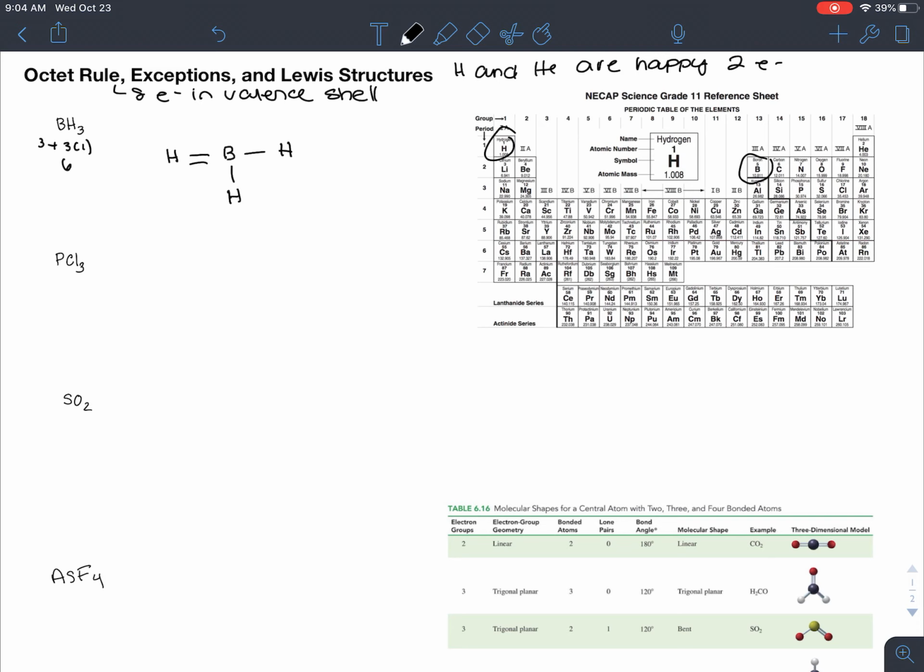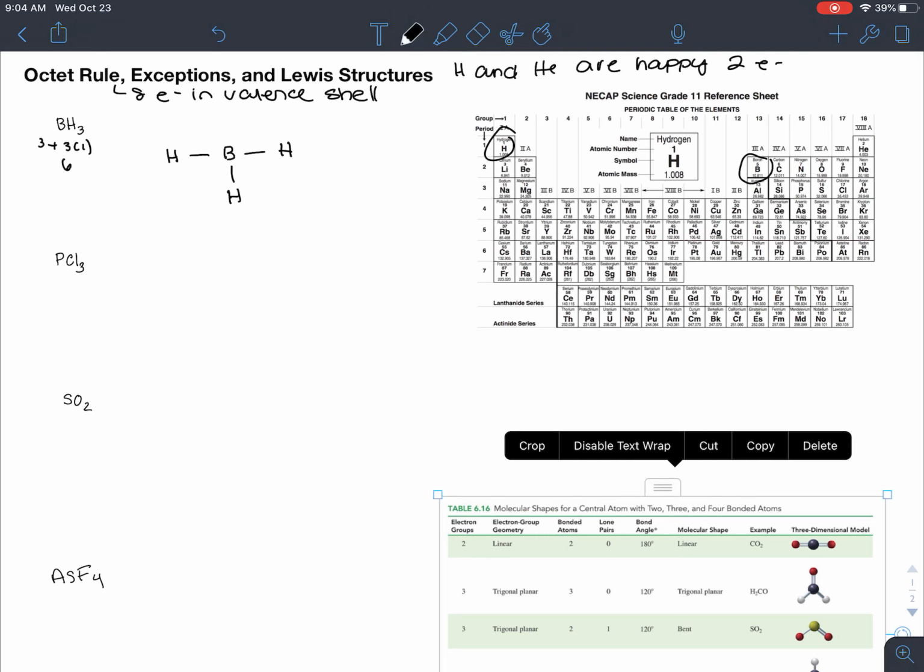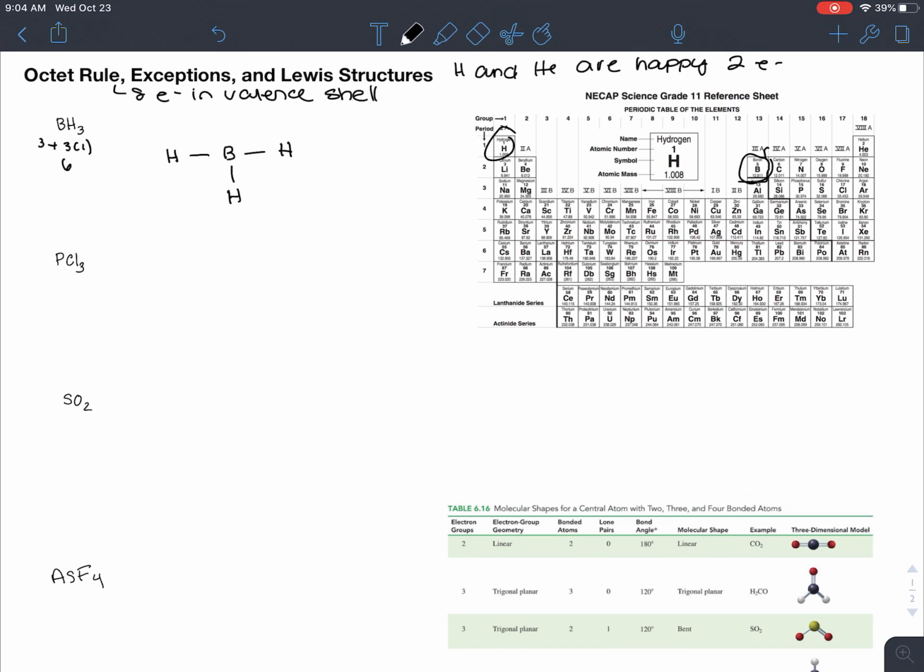So most of the time, students will say, all right, well then there needs to be a double bond. But this is not possible because hydrogen cannot have more than 2. Hydrogen only has an s orbital. Here comes the first exception. When in period 2, usually up to boron, you can have less than 8 valence electrons to be happy.